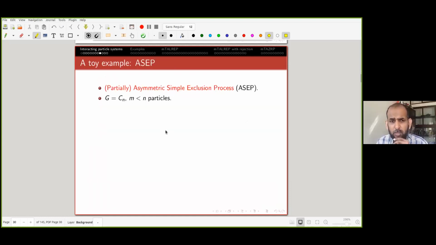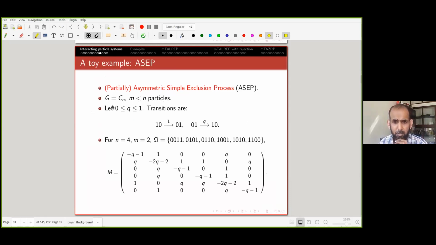So let's go to a toy example. The asymmetric simple exclusion process, I will consider it on the cycle graph, and I will imagine that I'll give myself m particles, where m is less than n, and the graph is of length n. And the transitions will be going clockwise.